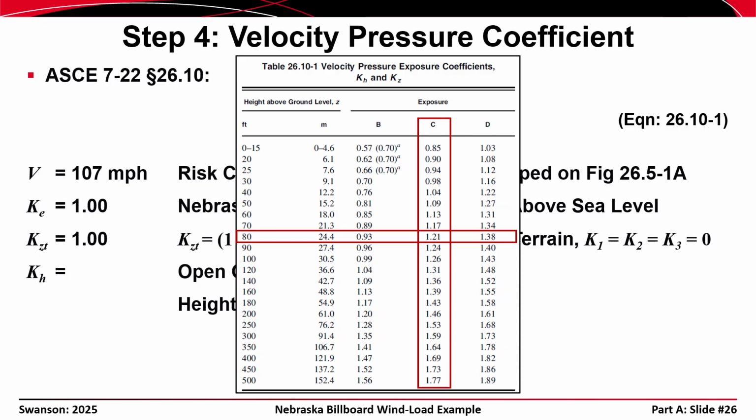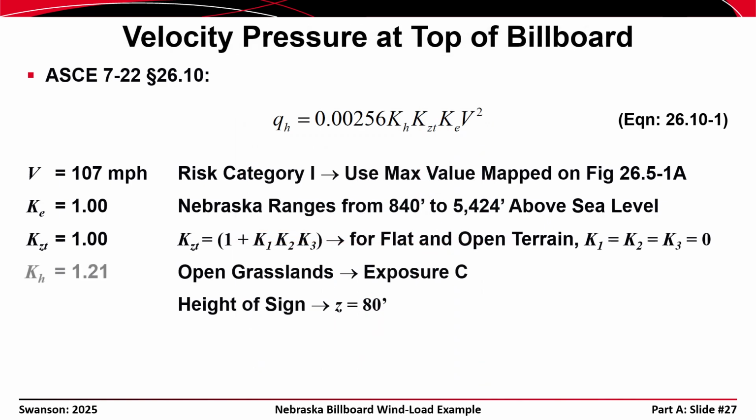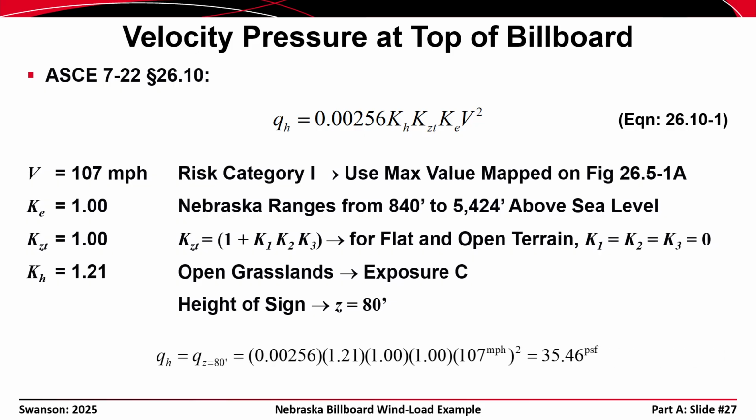Generally speaking, this coefficient is written as K sub z, but in this case, since we are evaluating the coefficient at the top of the billboard at an elevation z equals h, K sub z becomes K sub h. With that, we can calculate the velocity pressure at the top of the billboard, Q sub h, and find that it is equal to 35.46 pounds per square foot.